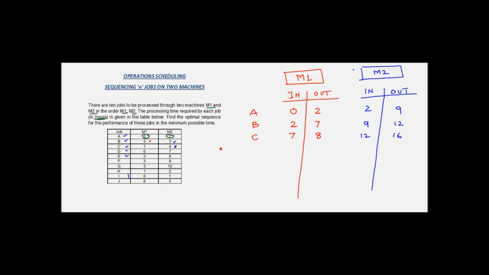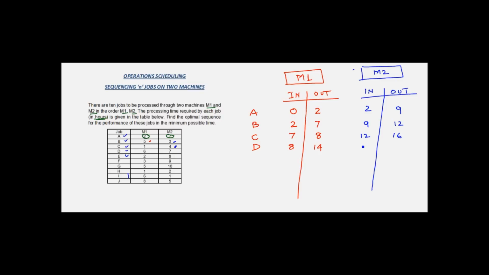Next we'll process D. So D takes 6 hours on M1. So it can be started after 8 hours, and 8 plus 6 is 14, so it will be out after 14 hours. Now while D is out of M1 after 14 hours, M2 is still processing till the 16th hour.